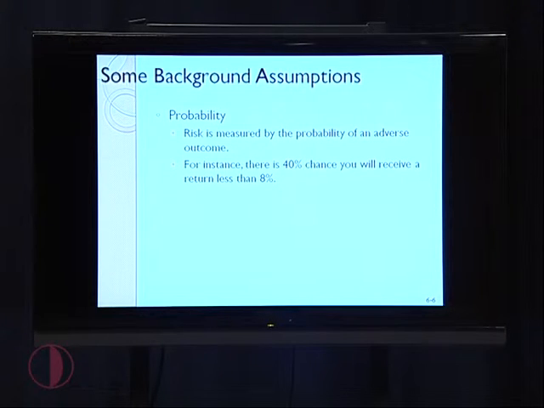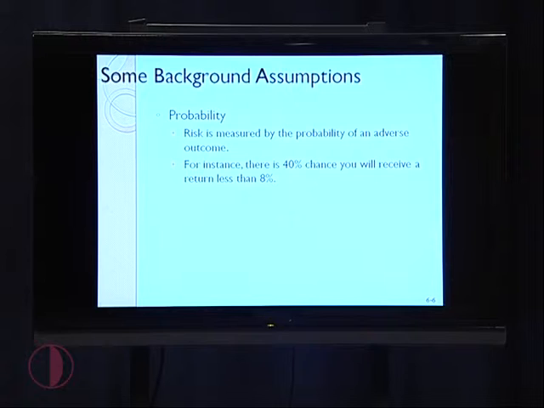Now, to understand risk as a concept, it is also related to probability. The risk is measured by the probability of an adverse outcome. Why? Because we have volatility in the expected rate of return. Maybe we expect 10%, but we will receive 5%, maybe 3%, maybe 12%.